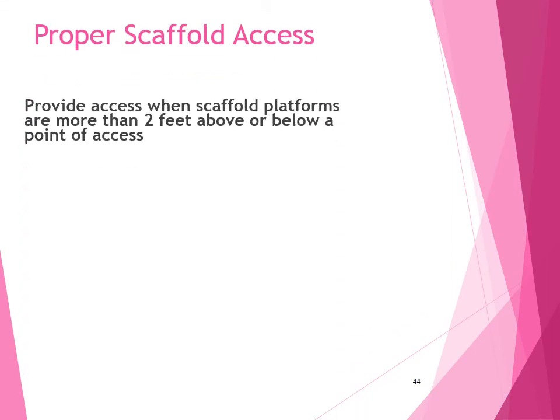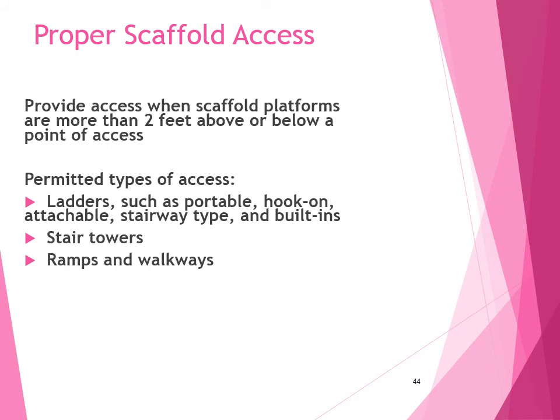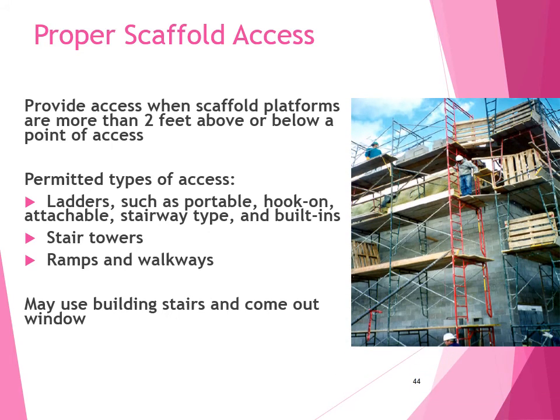Proper scaffold access. Provide access whenever scaffold platforms are more than 2 feet above or below the point of access. Permitted types of access: ladders, hook-on attachable, stairway types, stair towers, ramps and walkways. May use building stairs and come out the window.